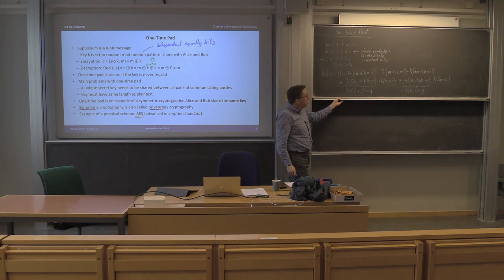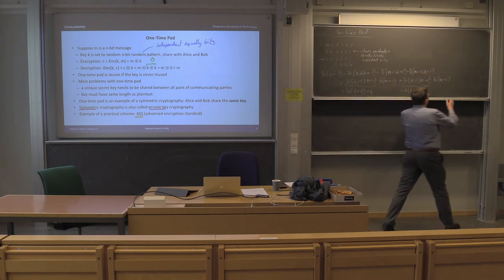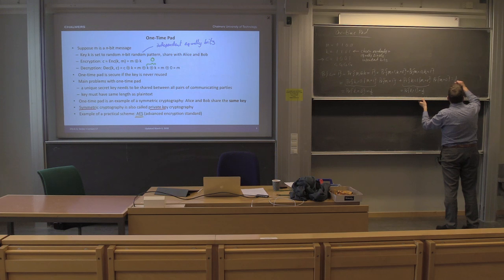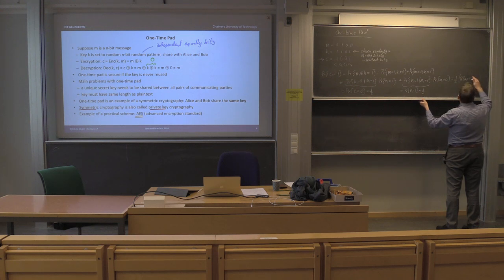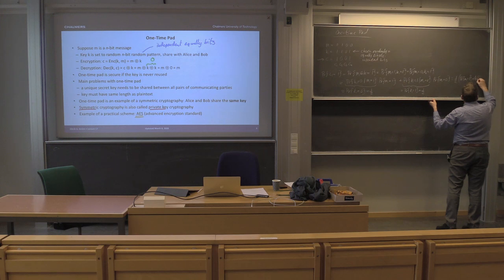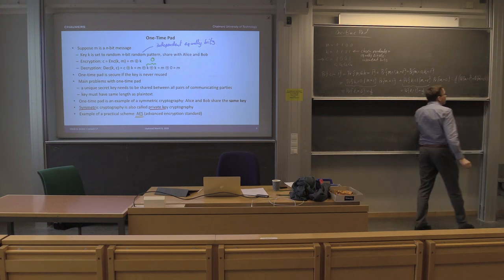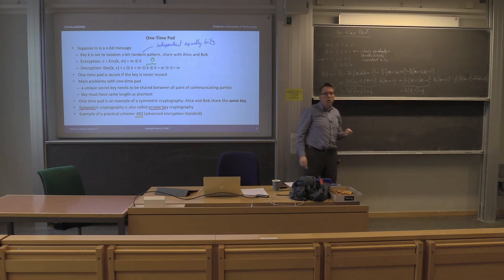Okay. So what is then the whole thing? Well, it's 1/2 times the probability that M1 is equal to 1, plus the probability that M1 is equal to 0. And what is this?